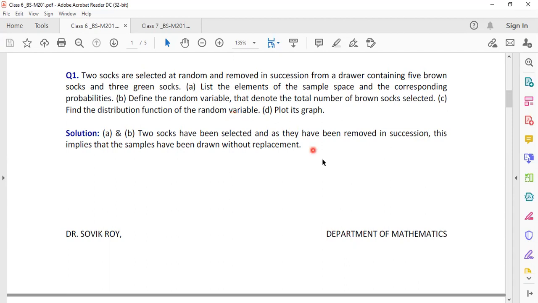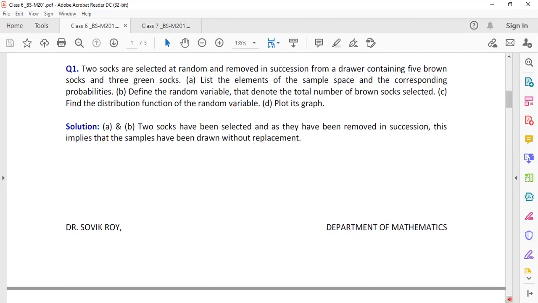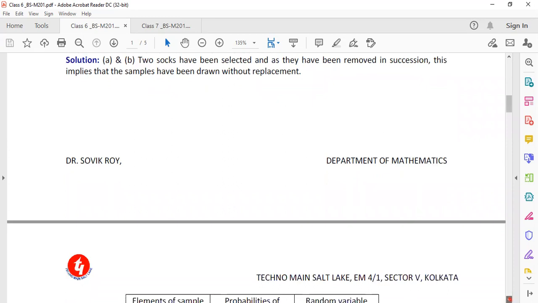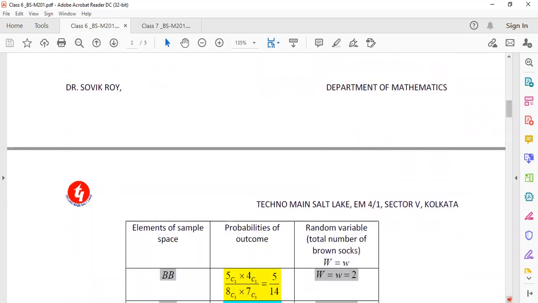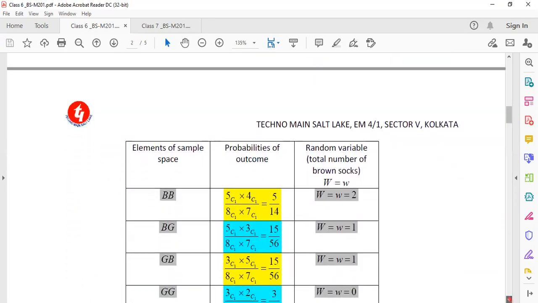What are the possible elements, the set of points, we can find here? Elements of the sample space will be of this form: the 2 socks drawn will be brown, the 2 socks drawn will be green, or one of the socks is brown and the other is green, or one of the socks is green and the other is brown.